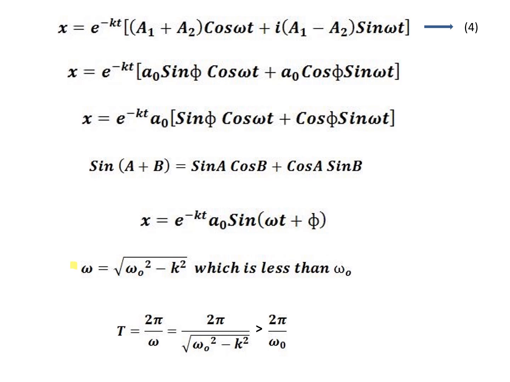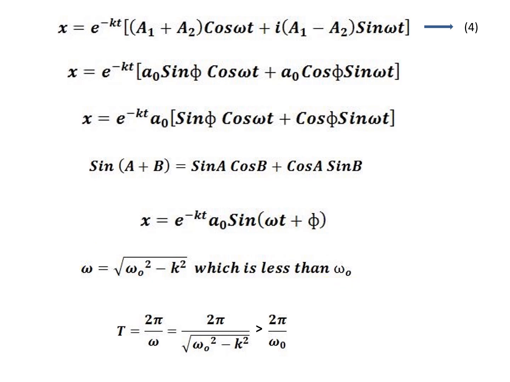As I have said earlier, omega, which is the angular frequency of the damped harmonic oscillator, or simply called the damping frequency, is less than omega 0, the natural angular frequency of the oscillator in the absence of any dissipative forces. And omega is equal to root of omega 0 square minus k square.